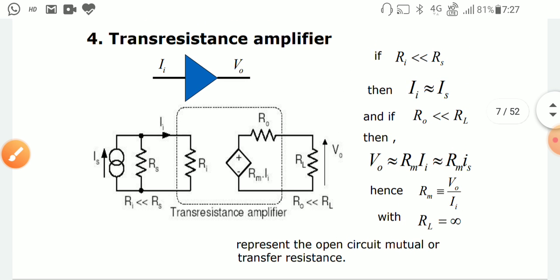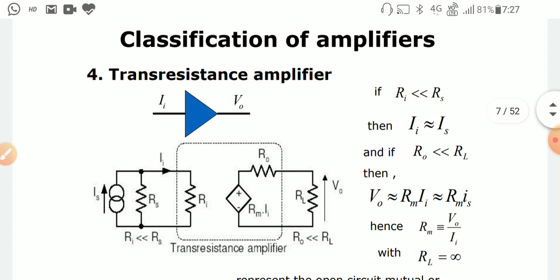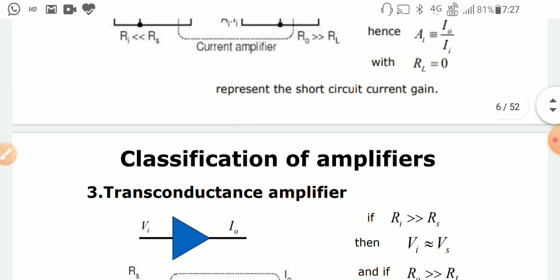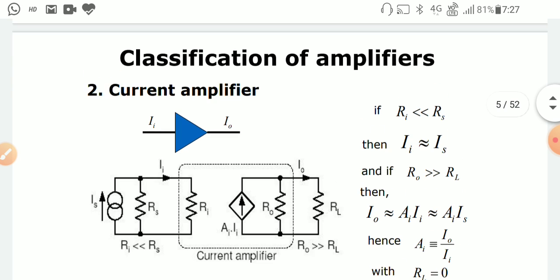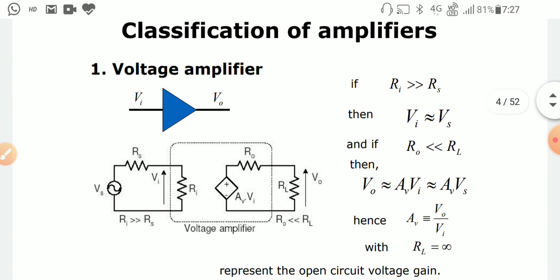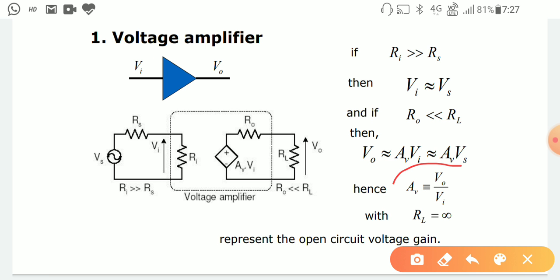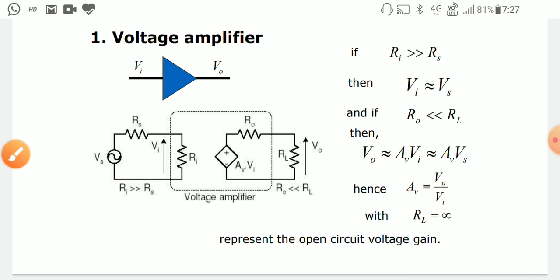And if you again conclude for today's class, here basically amplifiers, from the point of view of the input and output ratio, there are four types. One is the voltage amplifier, which will be the ratio of V0 by Vi.